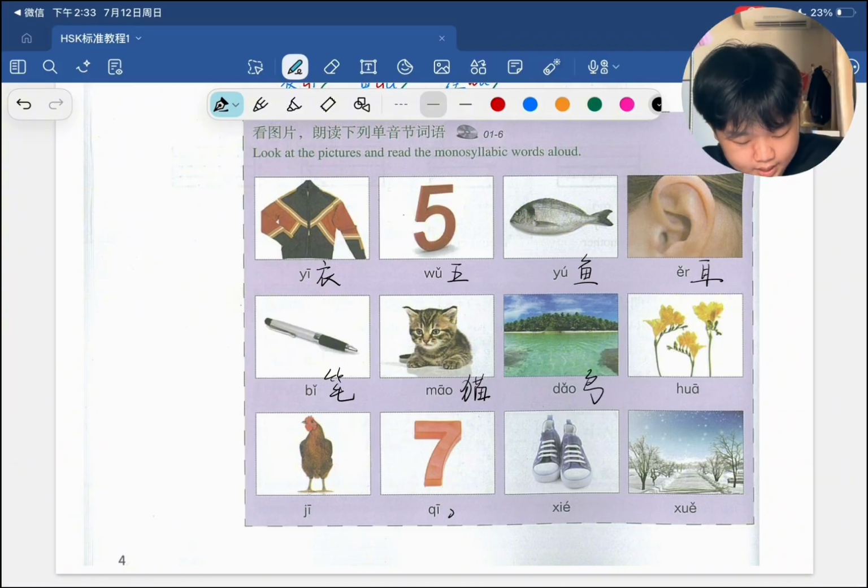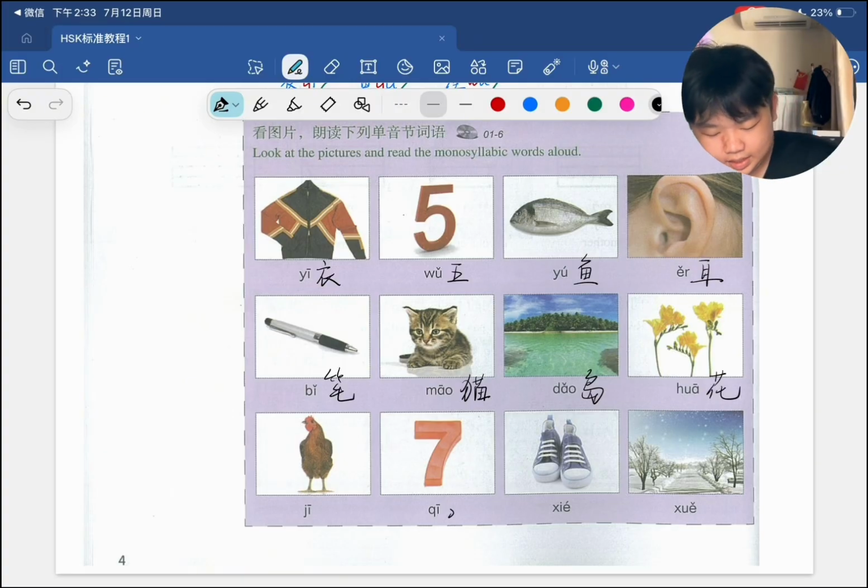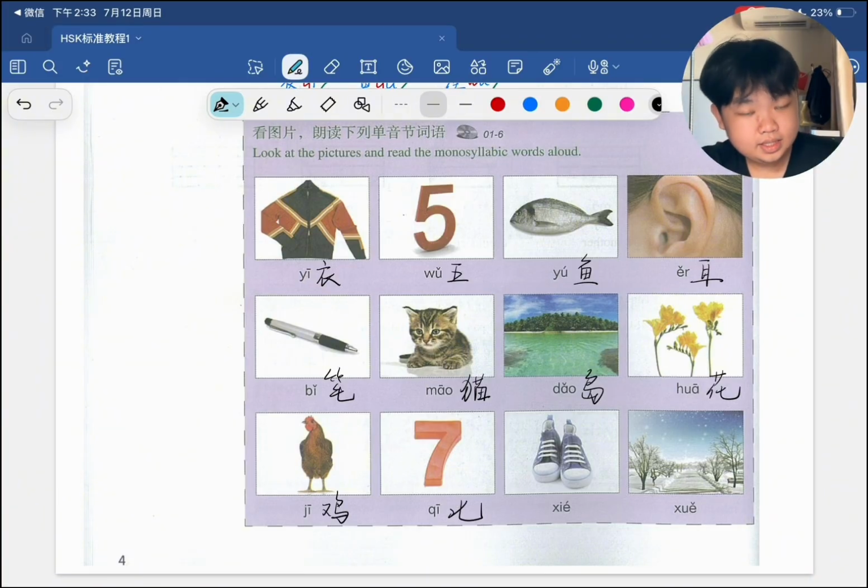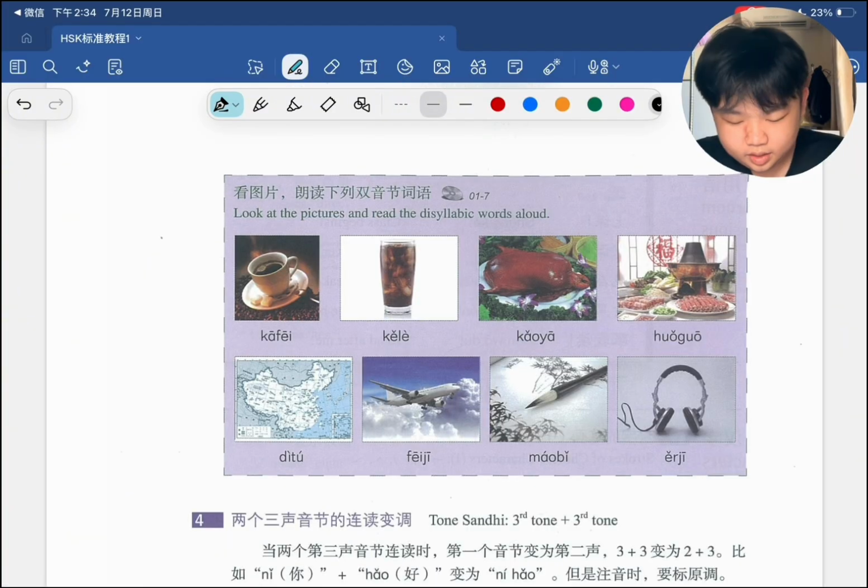Dao means island. Hua means flower. Ji means chicken. Qi means 7. Xie means shoes. Xue means snow.